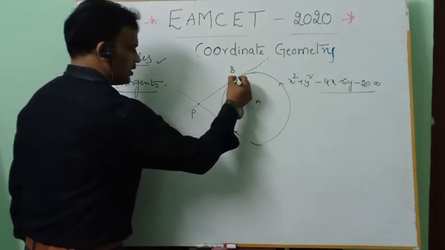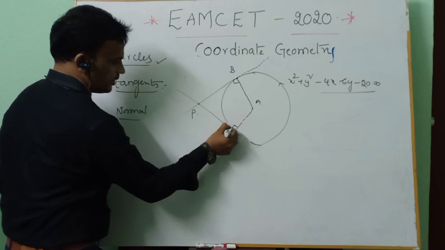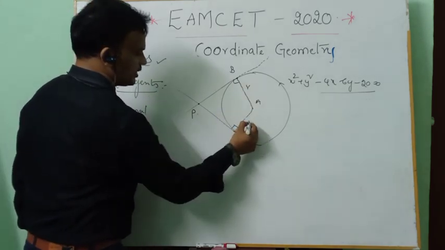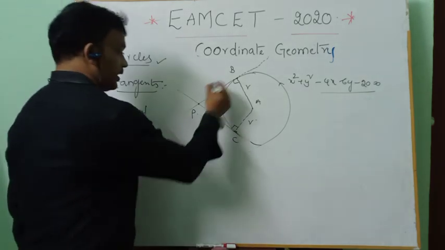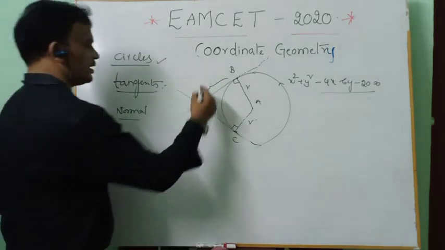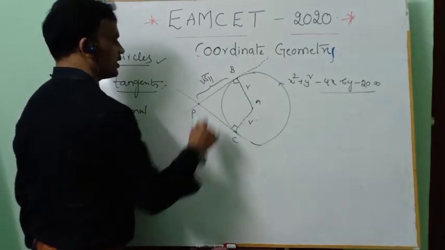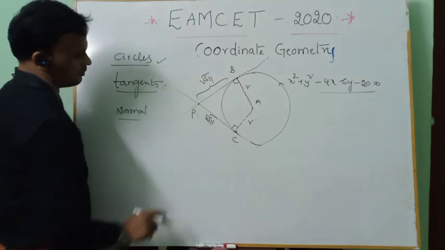Of course, this is your radius, perpendicular to the tangent. The length of the tangent is root S11. Am I right?